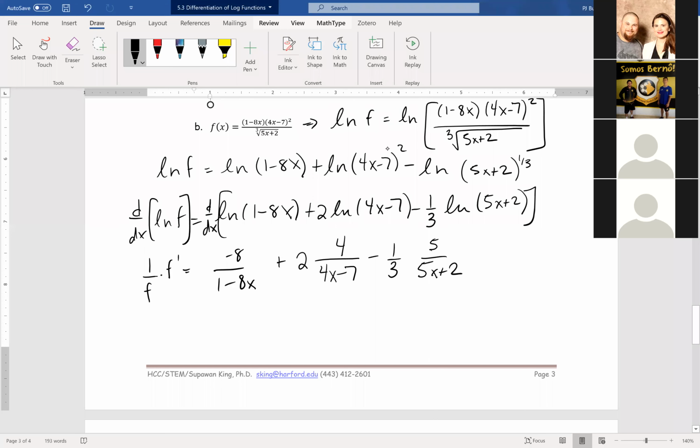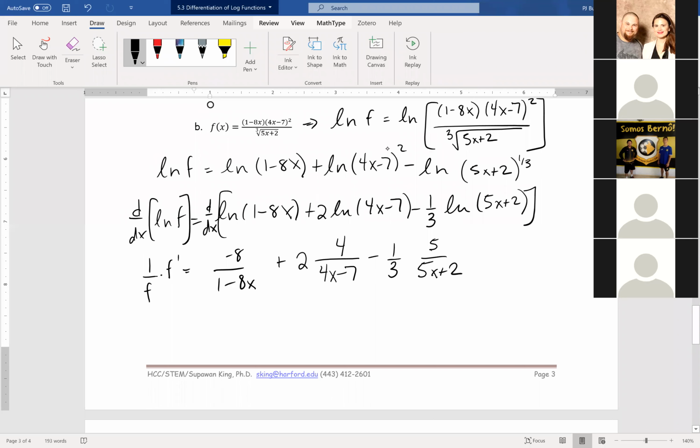Where do we get the numerator from? Like, why are we just pulling those numbers? So derivative of a natural log is 1 over the inside of it. So for instance, the first one, we had 1 minus 8x inside, right? So we got that in the denominator.